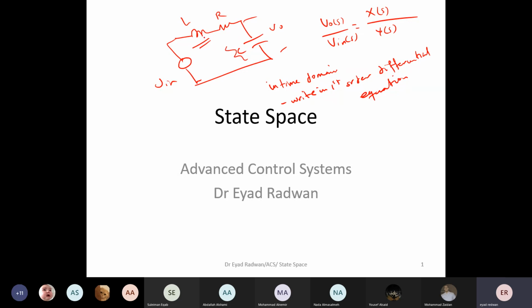What does second order mean? If I write a transfer function for this system, it would come out with S squared plus and so on. In the time domain, if this system is said to be second order, then I have to write two first order differential equations that fully describe it.